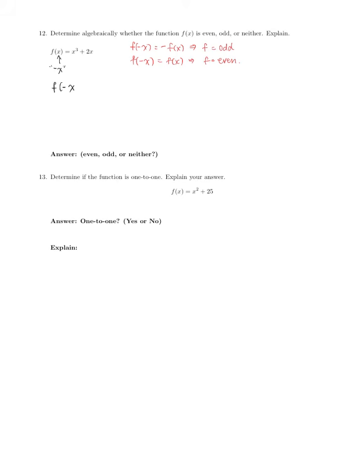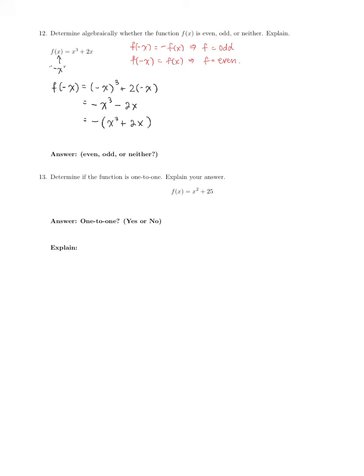F of negative x is going to be negative x to the third plus 2 times negative x, which gives us, negative times the negative will give us negative. So it's going to be negative x to the third, and then here you're going to have minus 2x. Now notice that I can factor out the negative sign, and I can rewrite this as negative of x to the third plus 2x.